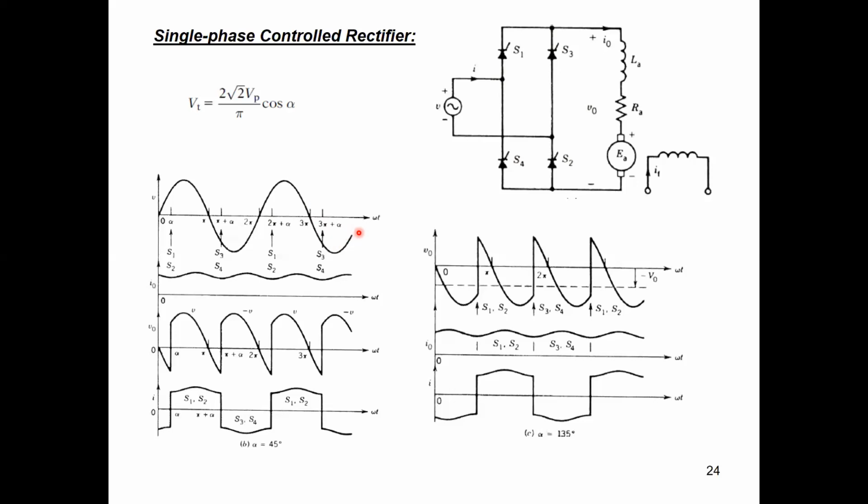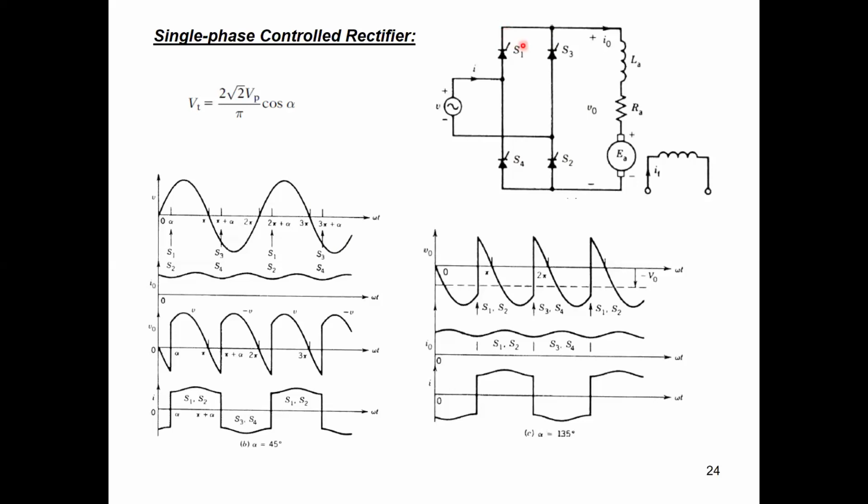Actually, we described the operation of the thyristor before. There are 2 conditions for operating a thyristor. First, we have to apply a positive anode to cathode voltage to the thyristor. This is condition number 1. Condition number 2, we have to apply a pulse, called the firing pulse, between the gate terminal, which is this terminal, and the cathode.